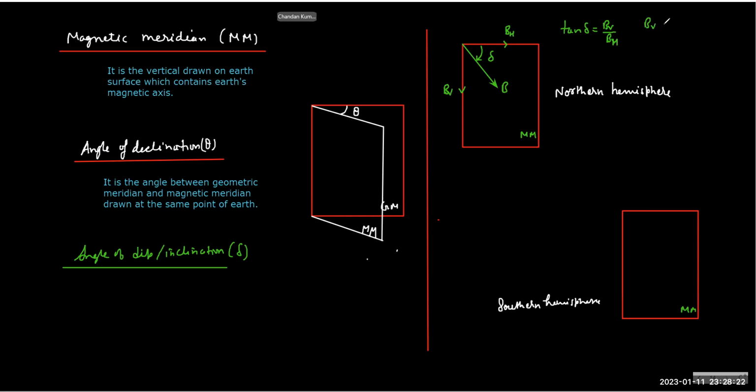Or you can say BV is B sine delta and BH is B cos delta. But if you are in the southern hemisphere, the same magnetic field will point away.